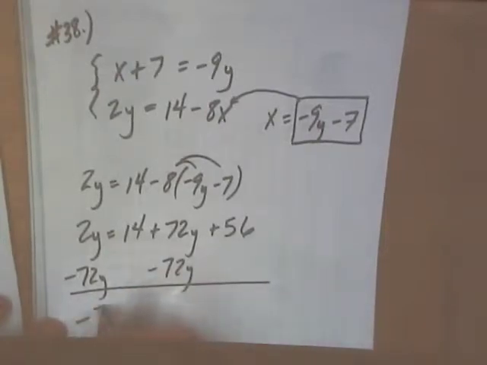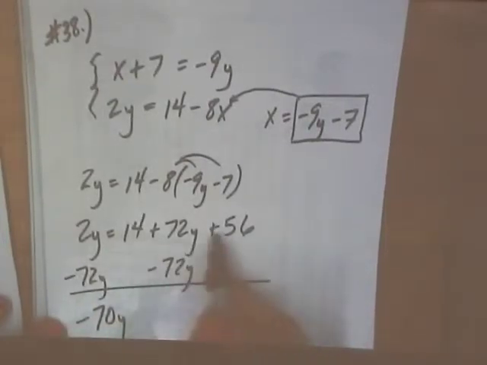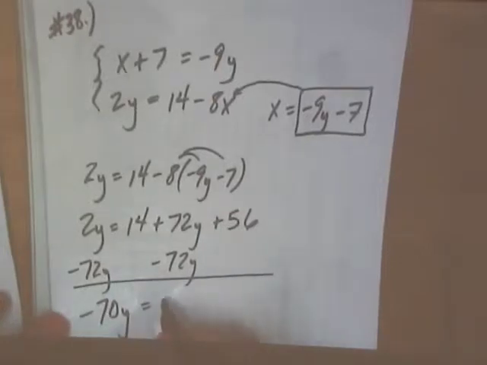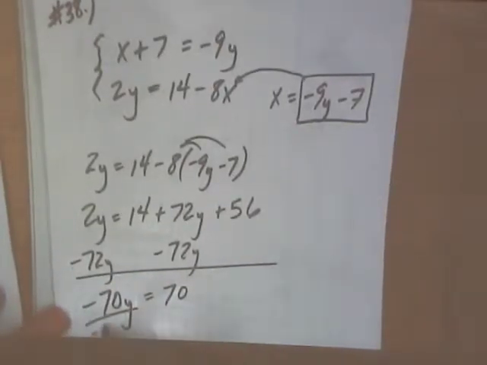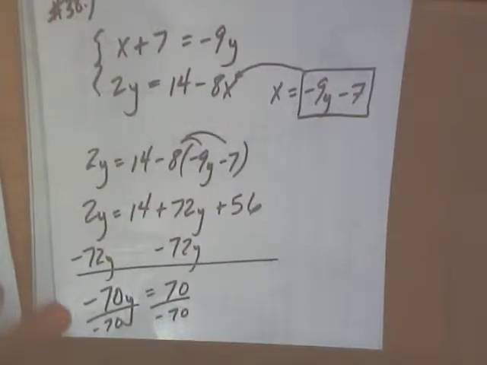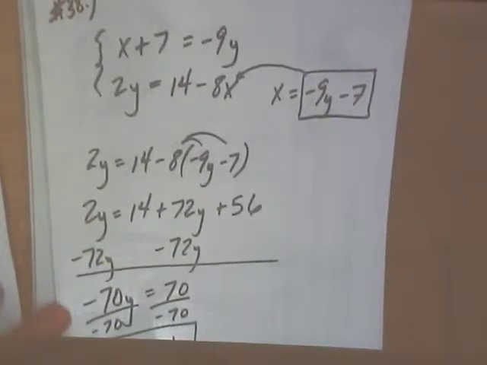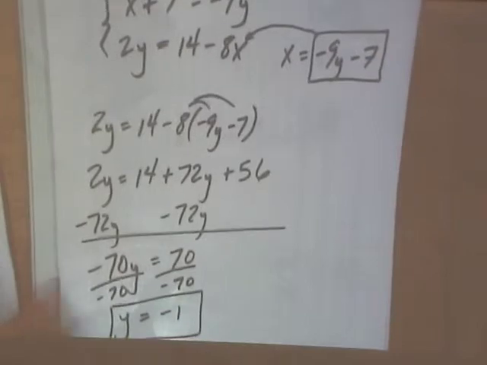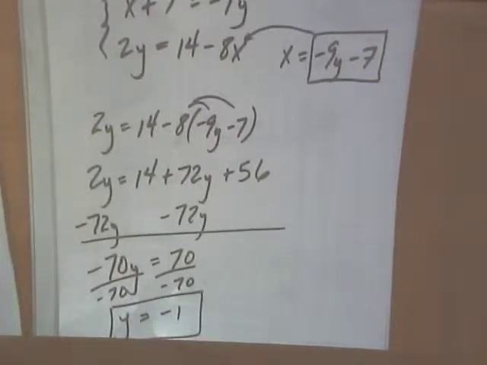That gives me negative 70y equals 70. Divide. So y is equal to negative 1. Questions? Many ways to do that problem, right? Substitution, elimination, whatever.